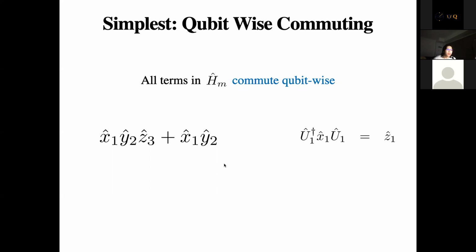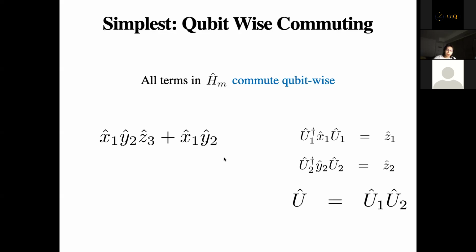What you do is you find the unitary that rotates X into Z. Because the eigenvalues of X and Z are the same, you can actually do this. The second unitary is acting on Y2 and similarly rotating Y2 into the Z2 matrix.